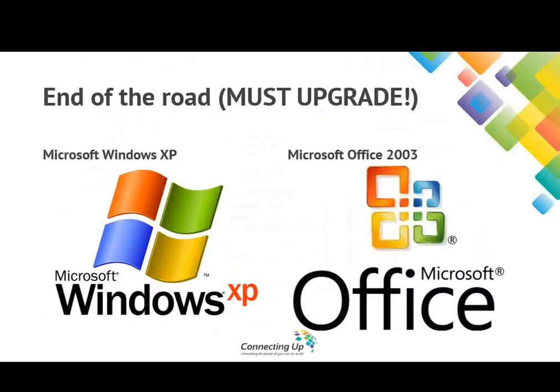So, especially in the case of Windows XP, there are banks paying millions and millions of dollars to still get occasional software updates, but for us, they're just not happening anymore. So if you have any machines running Windows XP or Office 2003, you really need to upgrade now.